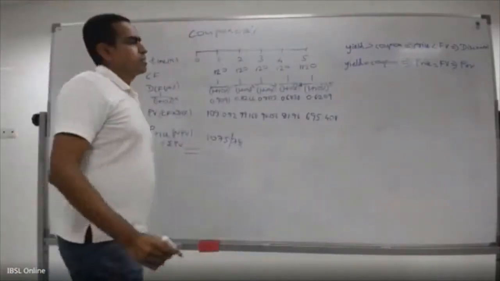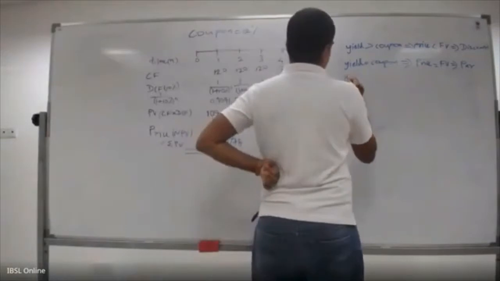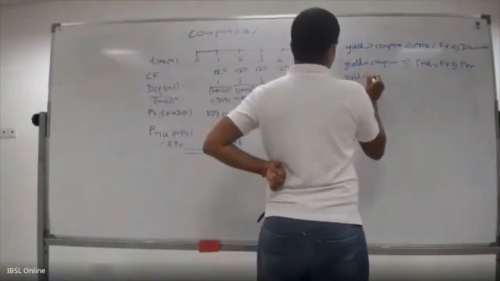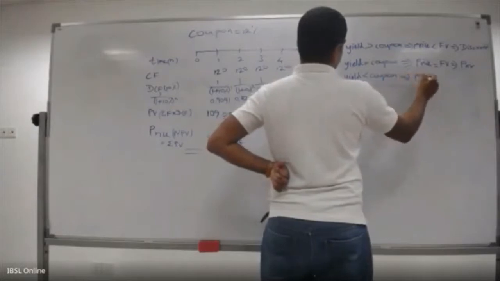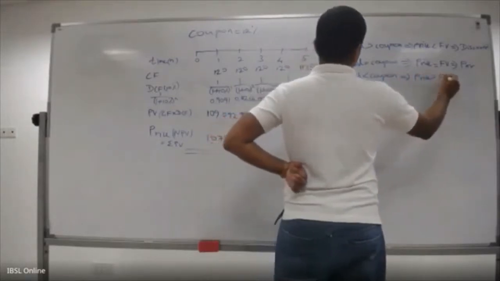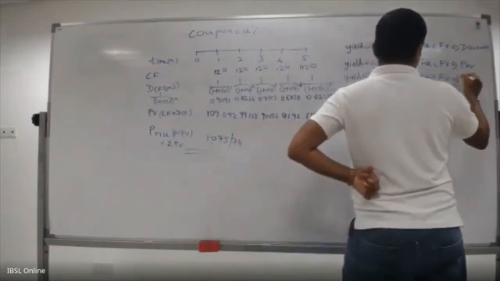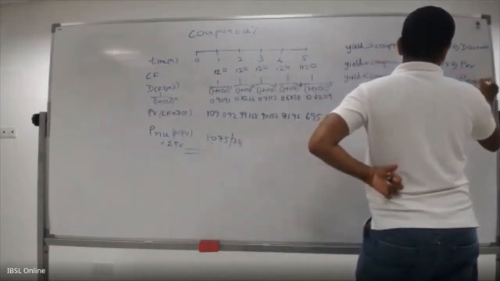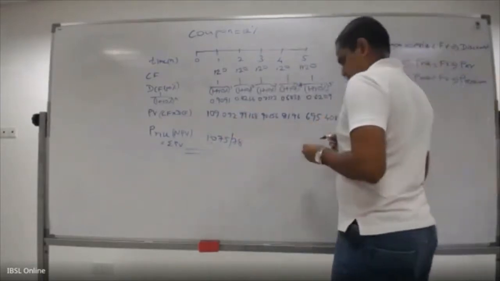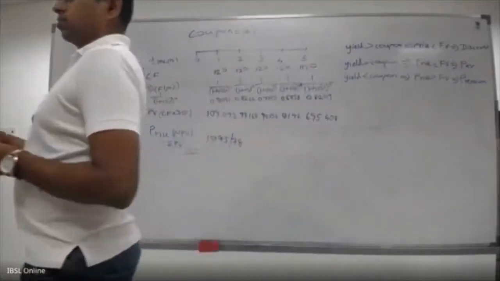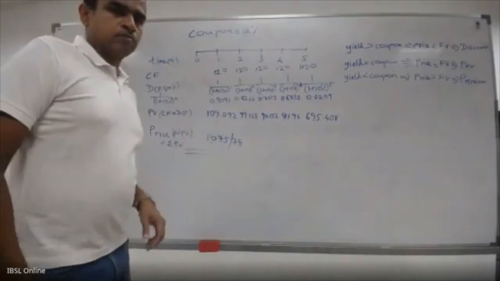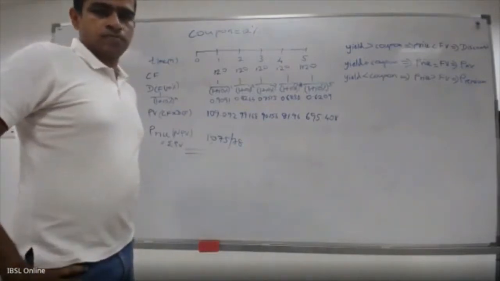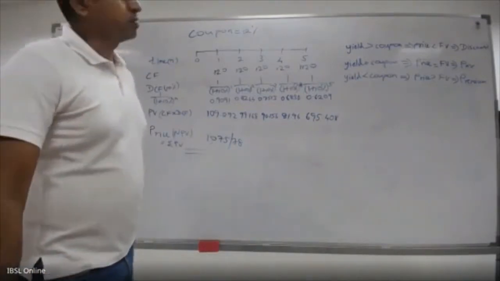And if the yield is less than the coupon, price is more than face value, it's called a premium. Okay.